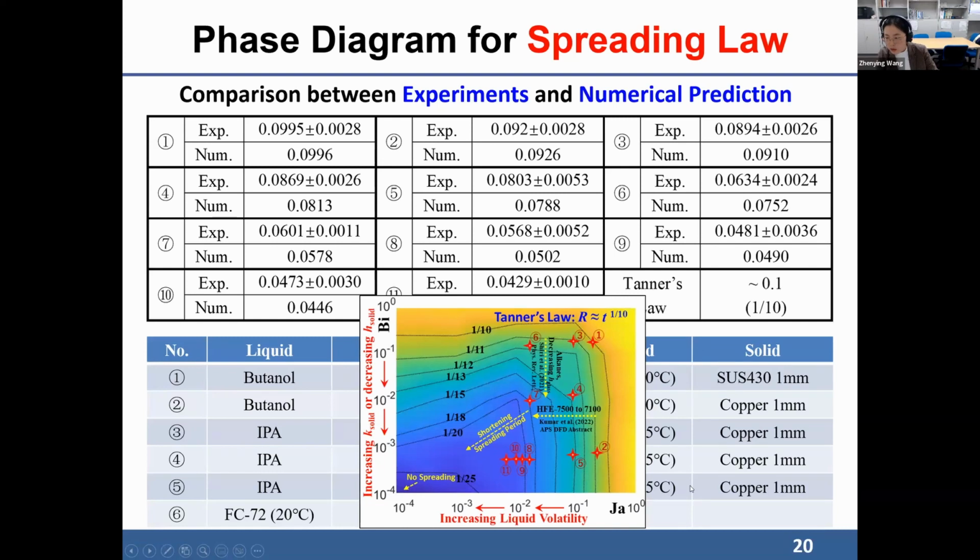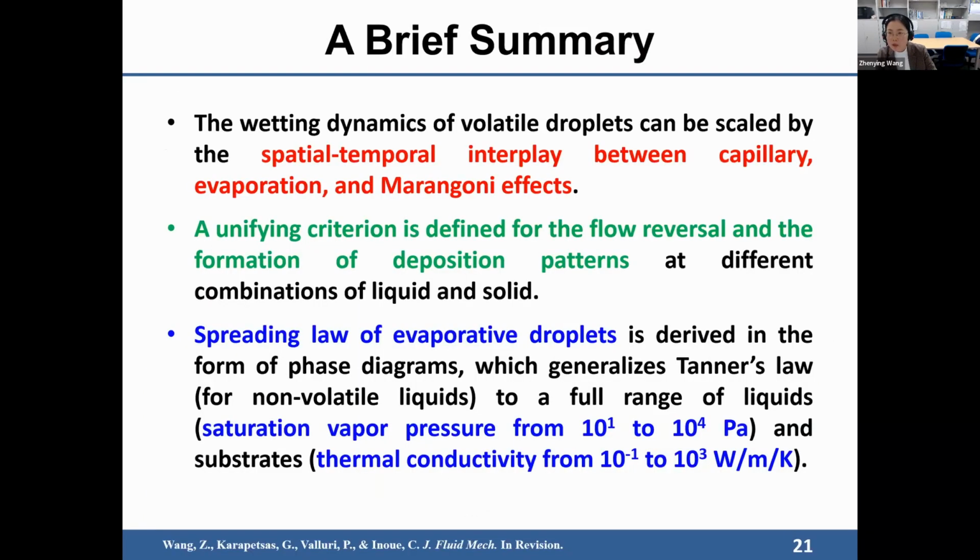So this verified the validity of this phase diagram in predicting the spreading dynamics of a specific combination of liquid and solid.